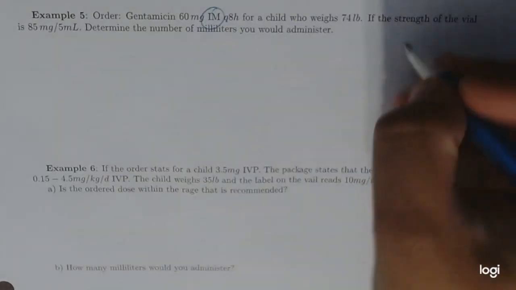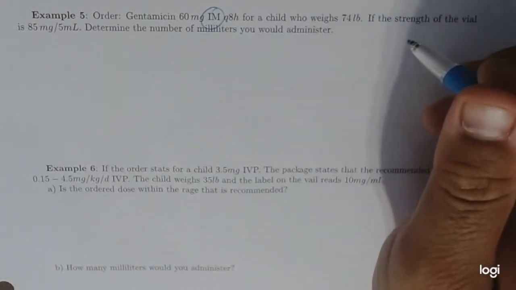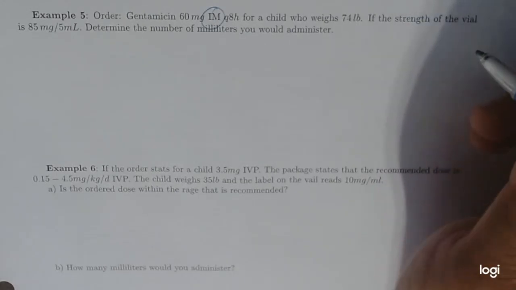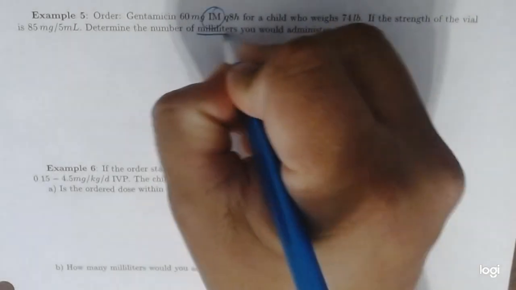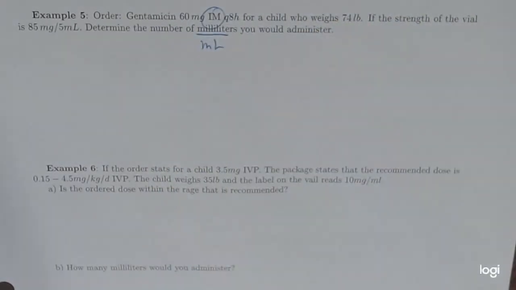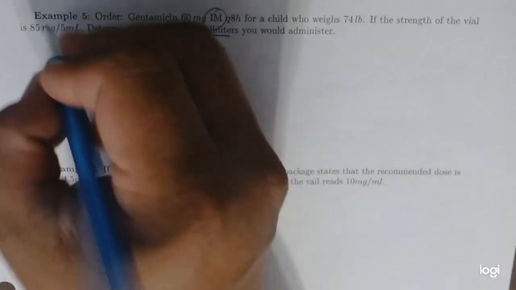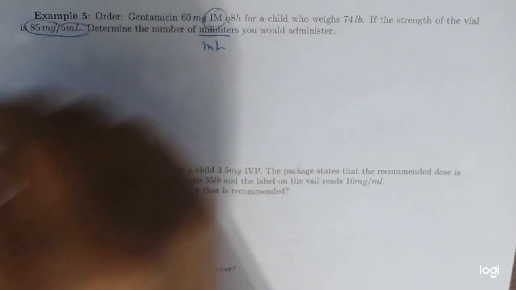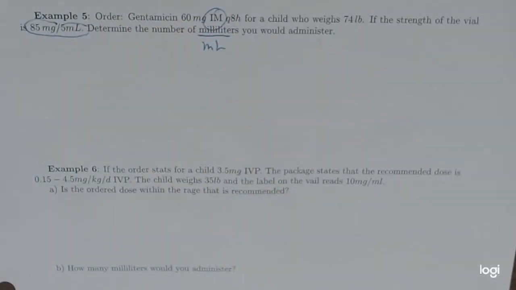First, we want to figure out how many milliliters we want. The strength of the vial is in milligrams per milliliter, right? And we're also told that the order is 60 milligrams.